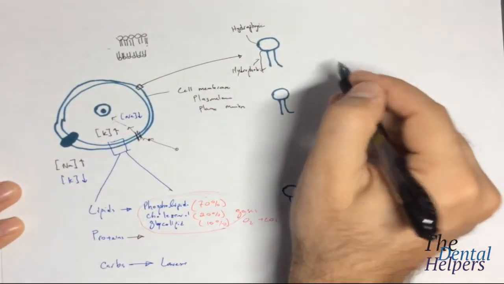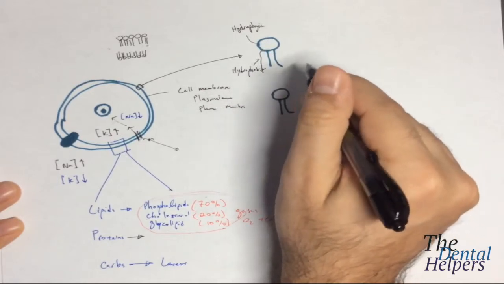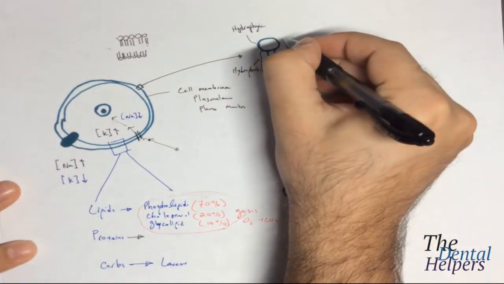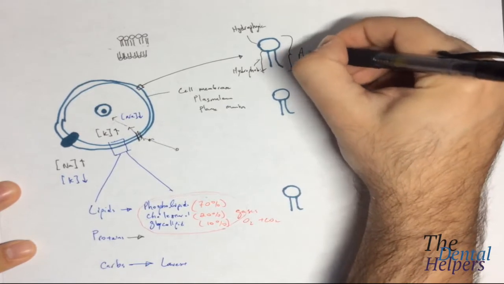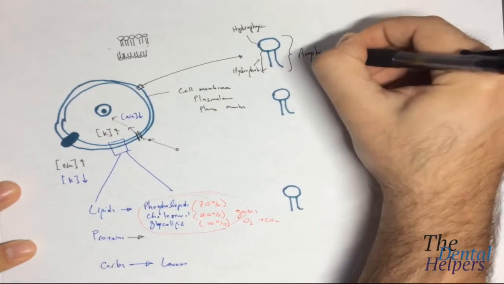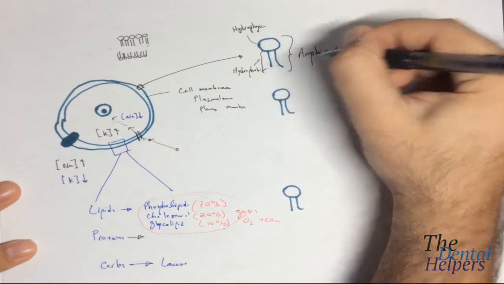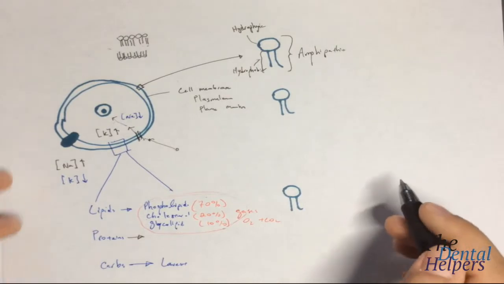The other thing to know is how do these amphipathic molecules move around? A big Jeopardy word is amphipathic, meaning it has two functions, a hydrophilic and a hydrophobic group.